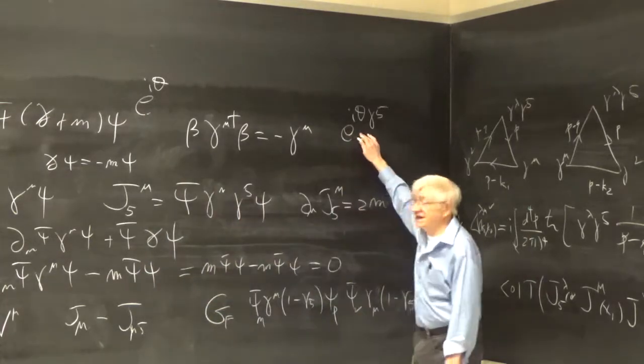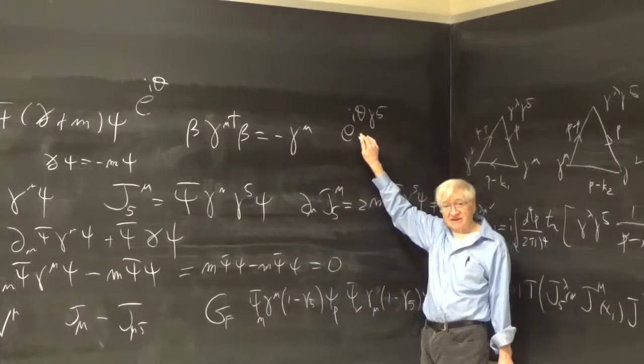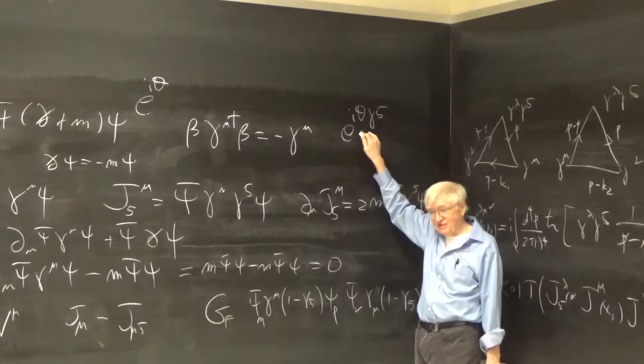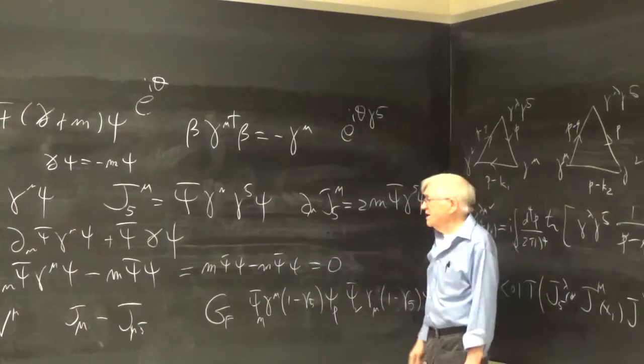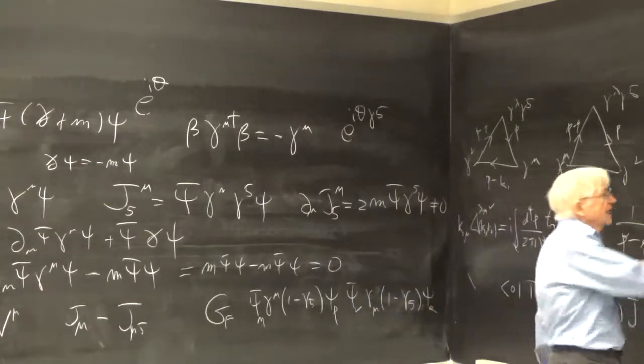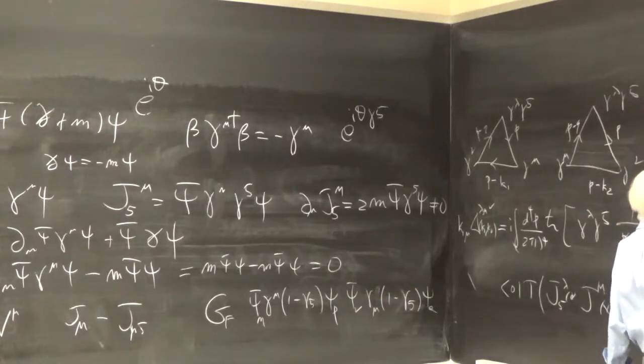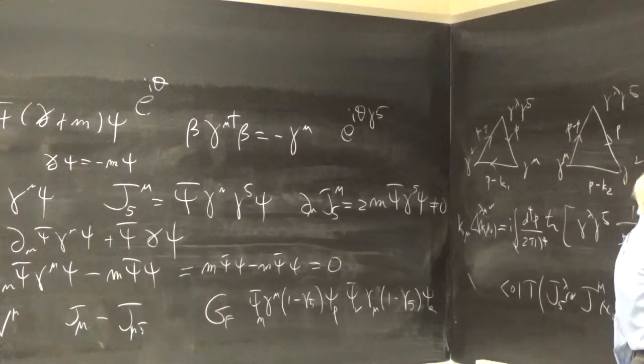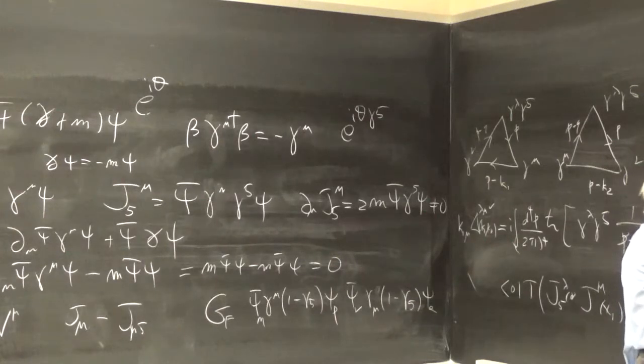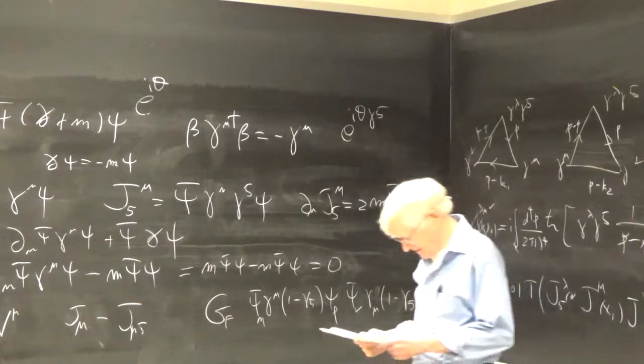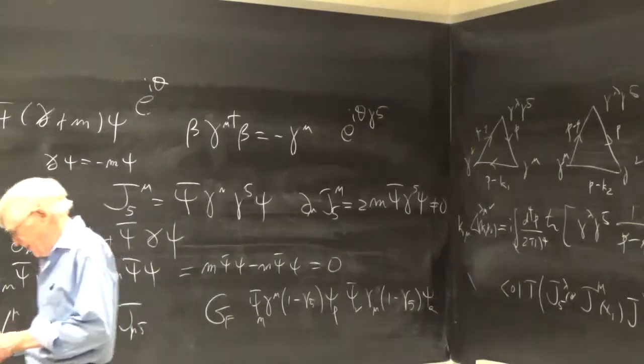But if on the other hand you do an e to the I theta gamma phi transformation, then the d psi part of the measure of the fermions in the path integral isn't invariant. So that's a way of saying it.